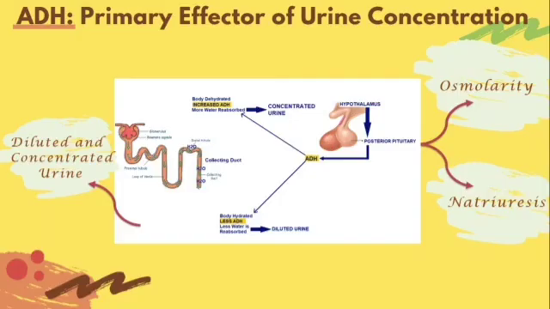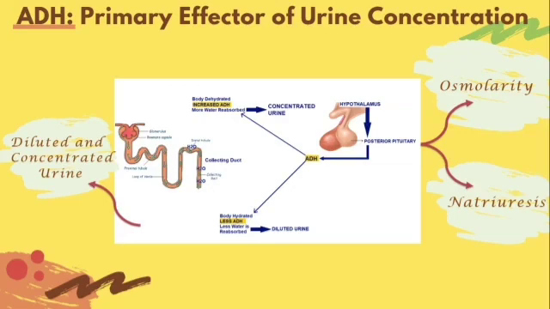To recap our discussion, we have ADH as our primary effector of urine concentration. So how does this regulate again? If there is increased ADH, it would give you a concentrated urine, while if there is decreased ADH, it would give you a diluted urine.